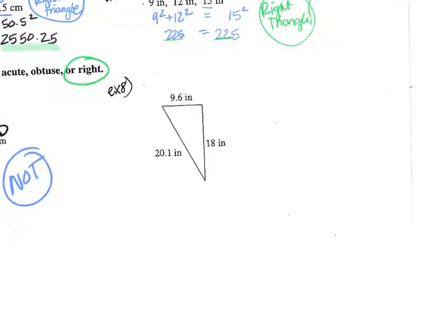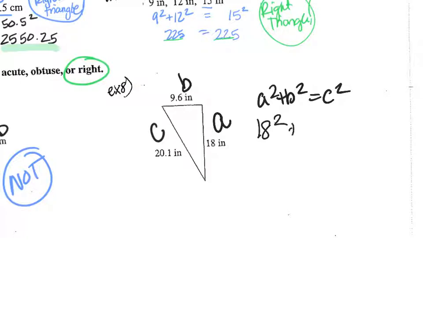And example 8. Same thing. This is my C. It's the biggest number. It's my diagonal. We'll say this is B and we'll say this is A. Again, the legs really don't matter. So 18 squared plus 9.6 squared is 416.16.